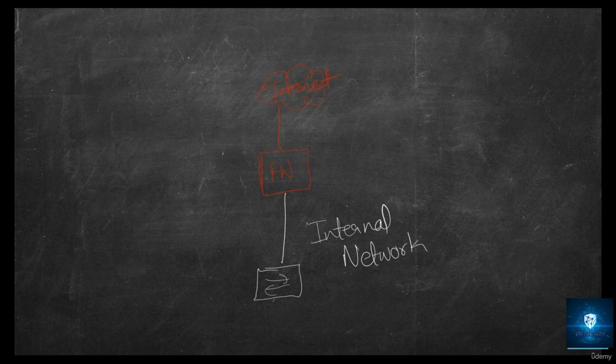These interfaces will be having IP addresses. This will be a different subnet, and this will be a different subnet. So this is your L3 deployment, wherein you can also have multiple interfaces. Maybe this is the DMZ, and this is some other zone, or maybe the same zone, because this and this can be in the same zone as well. So this is the trust zone, with multiple interfaces.